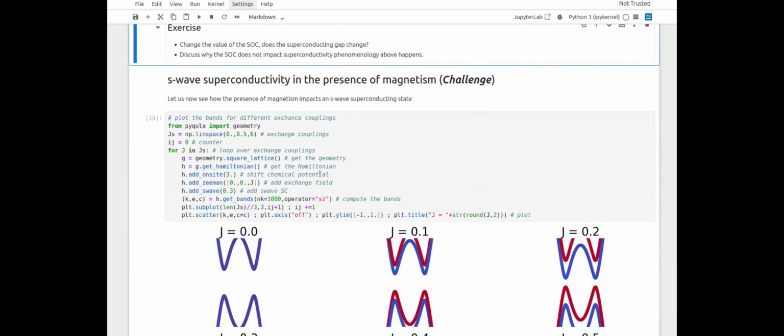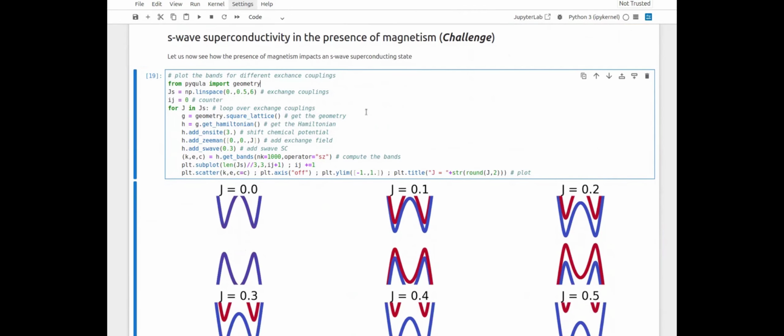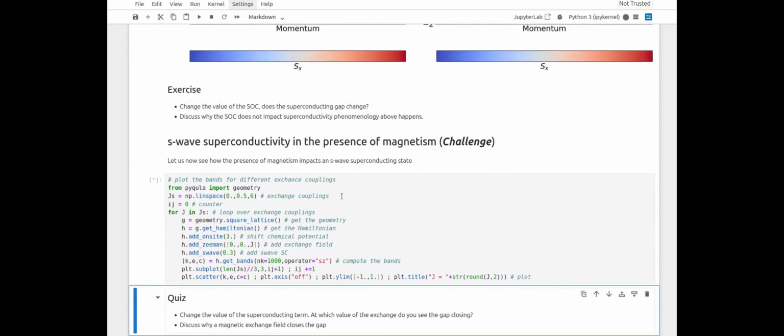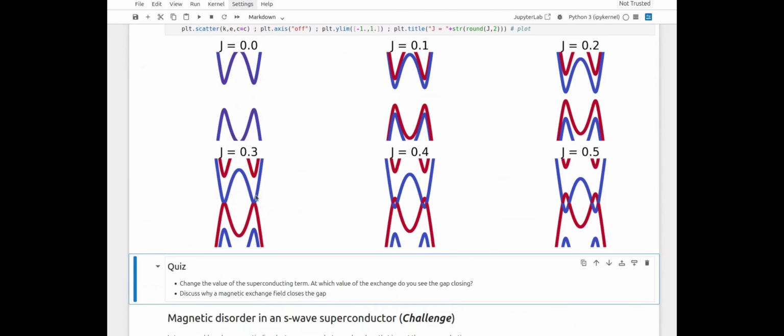Okay, so now let us look at the combination of S-wave superconductivity with magnetism. And so what we are going to do now is we are going to take a square lattice and add both a Zeeman term and S-wave term and see how the bands look. So the bottom line is that without a magnetic order, you have a gap, and then as you add a little bit of magnetism, your superconducting gap starts closing and closing.